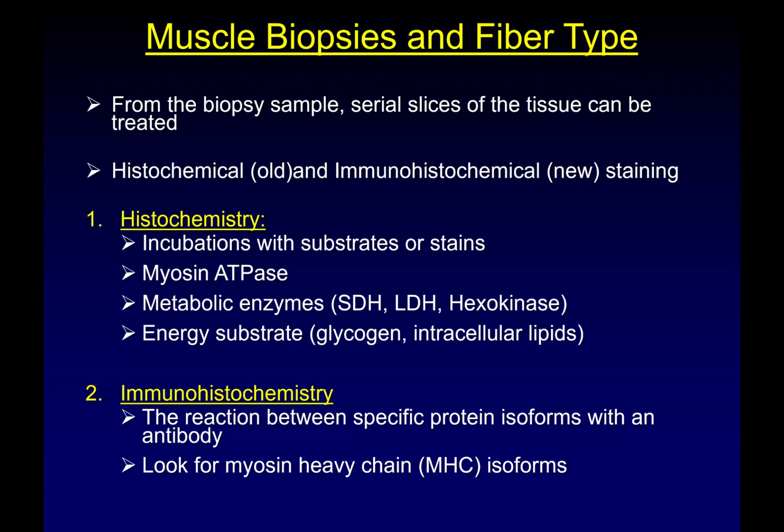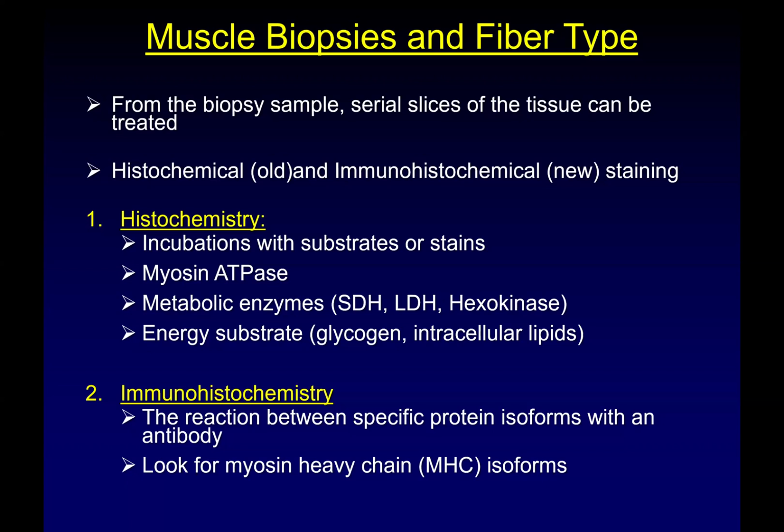You would take the fiber, incubate it with ATP or other kinds of substrates, and look at the myosin ATPase function. We look at the metabolic enzymes in the Krebs cycle specifically, or in glycolysis, things that are in the mitochondria or in the cytoplasm, to figure out to what extent this fiber can make ATP in the mitochondria, to what extent it might make it in glycolysis.